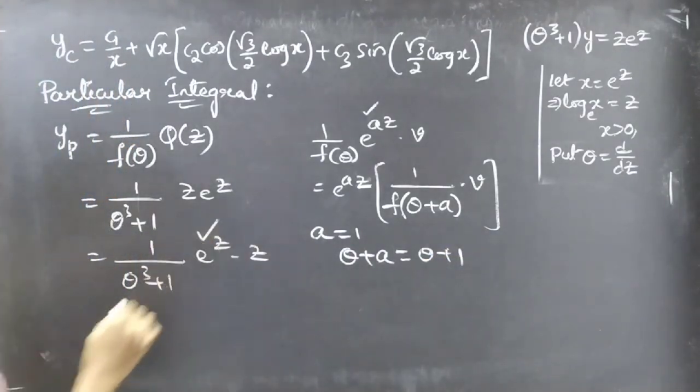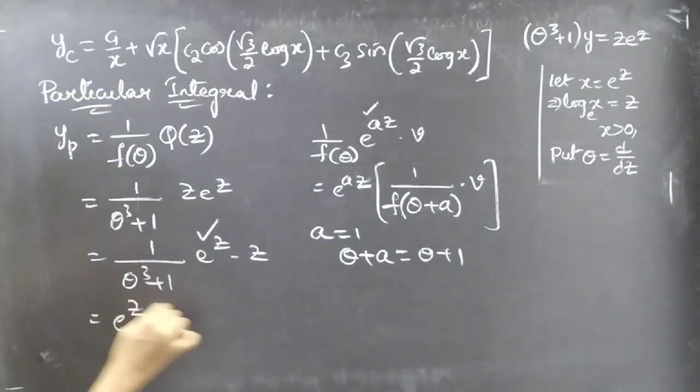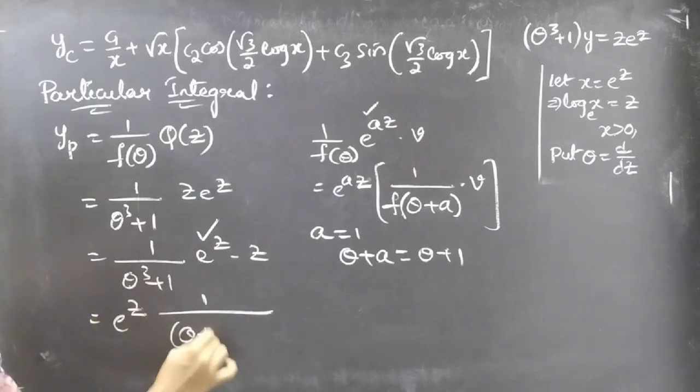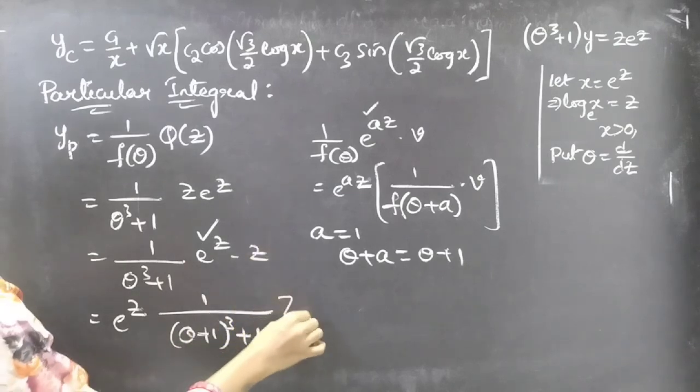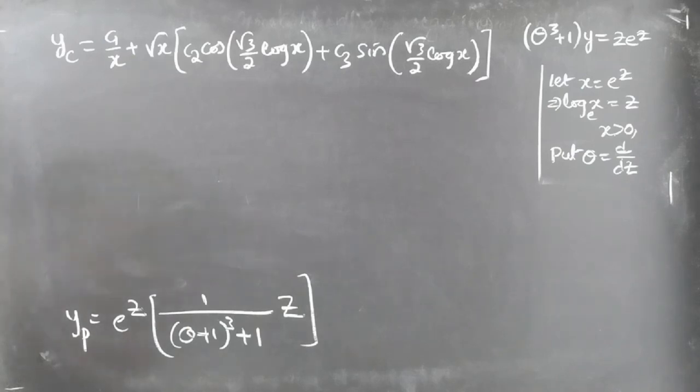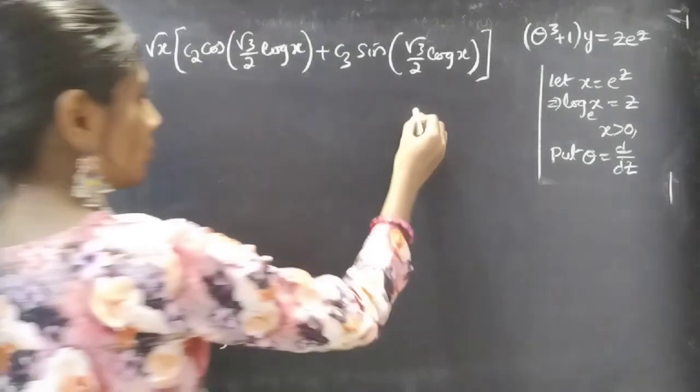Now shift e power az towards left by replacing theta with theta plus 1. We'll get theta plus 1 whole cube plus 1 into z. Now we'll expand theta plus 1 whole cube using Pascal triangle.